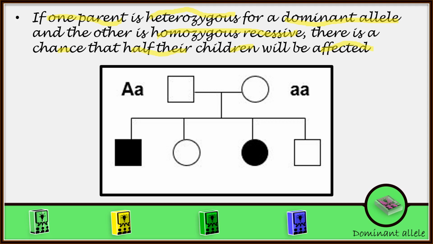So this character expresses itself in the presence of a dominant allele. So if one of the parents is heterozygous for that dominant allele and the other one is homozygous recessive, then half of their children are going to be affected.